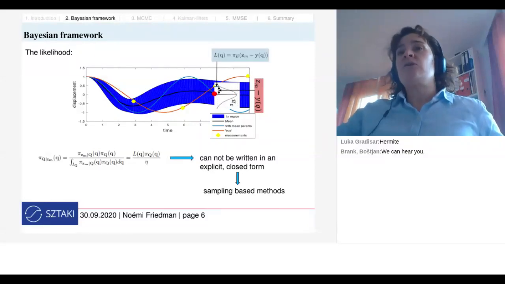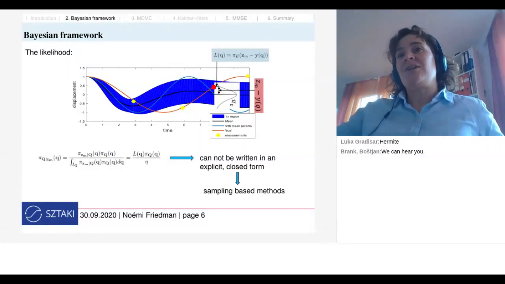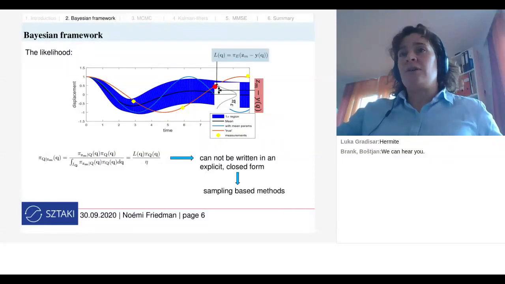If this would be the truth, then how likely is it that I observe this value right here? The further away I am from this value, the less likely it is to measure this measurement. So if this would be really the true value of Q, then if I measured this, it means that I made quite a big measurement error. So it has not so high likelihood.